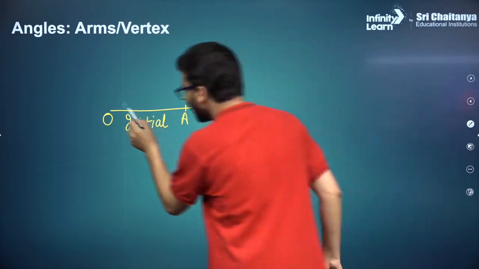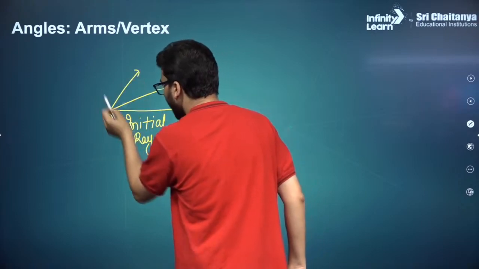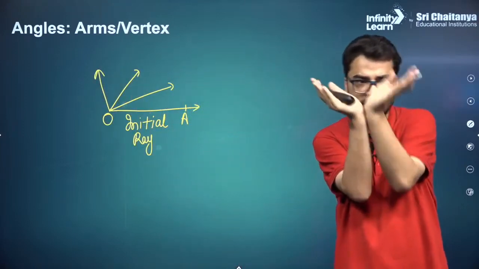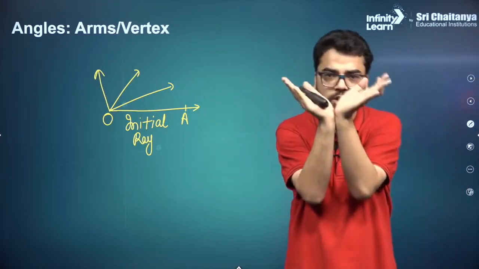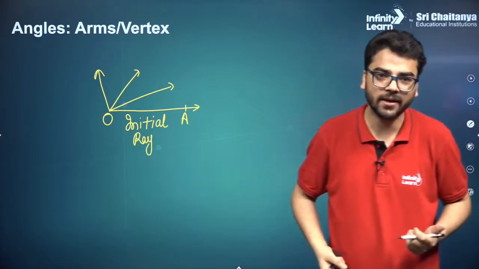That ray can be like this, like this, like this. So that relative gap between the two rays is called an angle. I hope it is clear.